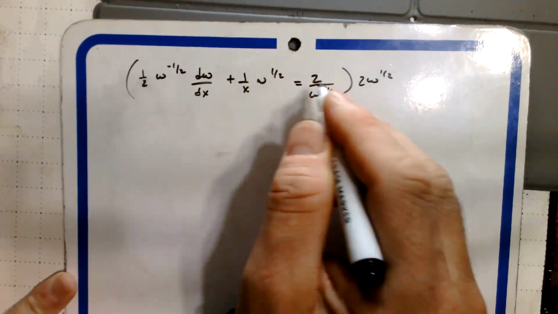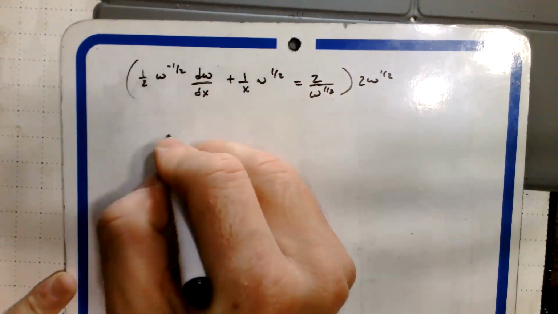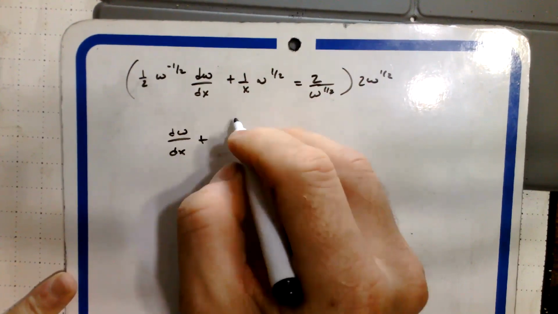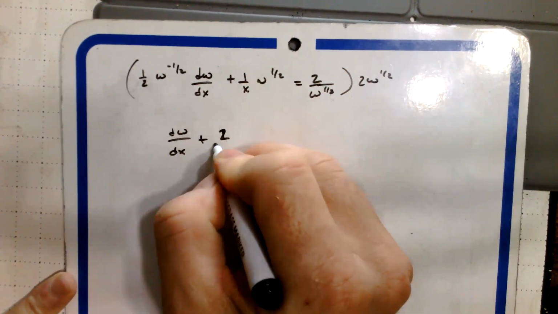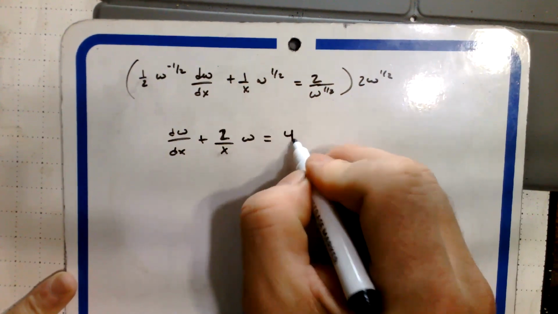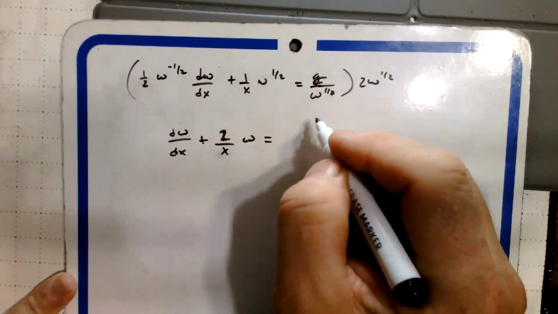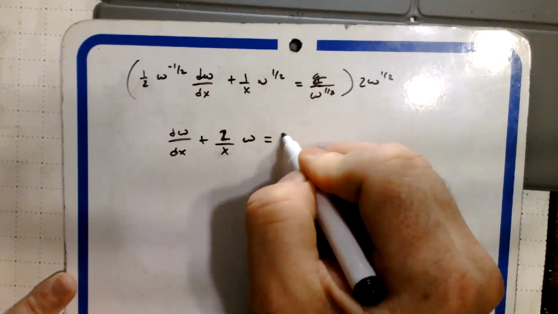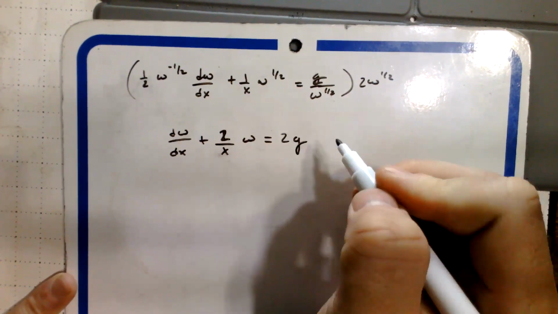That cancels, makes the W, and it's a 2. So we get dW/dx plus 2 over x W equals 4g. No, the g's are looking like 2's. That's horrible.